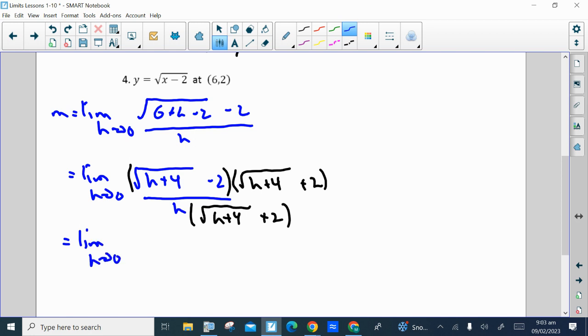So on top, when I multiply out, the root h plus 4 times root h plus 4 will give us h plus 4. The outer and inner products cancel, and the last negative 2 times 2 is negative 4. So on top, 4 minus 4 cancels. And we have just h on top, which will cancel with the h on the bottom, and we're left with 1 on top.